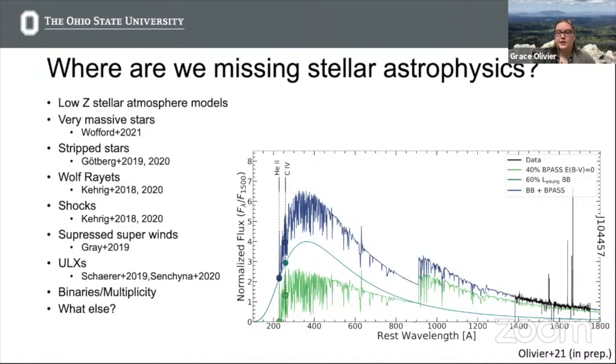Also there are some additional emission lines that we're looking for. Things like oxygen 6 can rule out things like a suppressed superwind and catastrophic cooling. So there are a number of emission lines that we're looking forward to getting that we don't already have that could help us eliminate some of our possibilities.